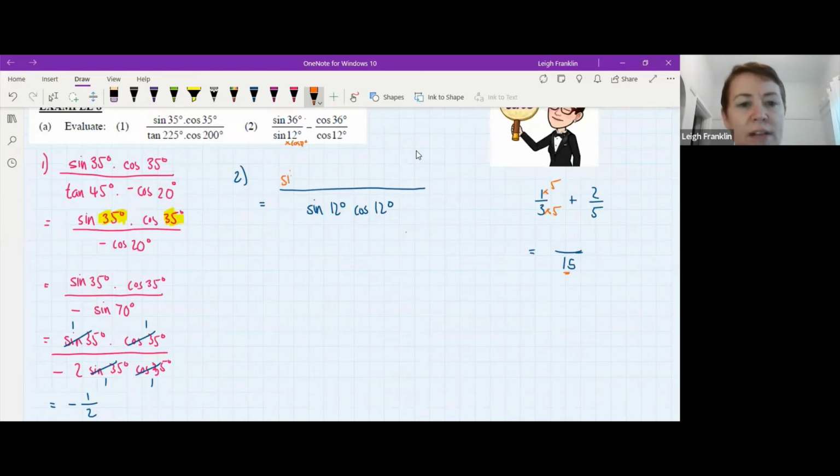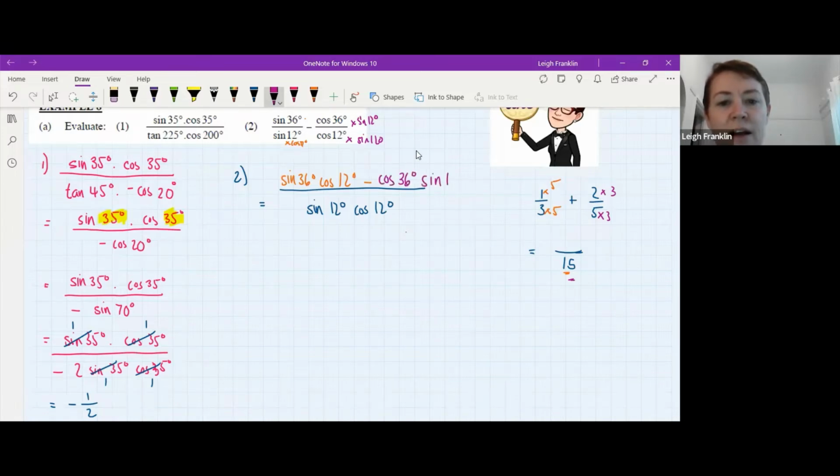So I end up with sine 36 cos 12 minus. Then similarly over here, I've got to times that by 3 to get 15, so I must times that by 3 as well. Here I times that by sine 12, so I've got to multiply the top by sine 12 as well. And that's why I end up with cos 36 sine 12 as my second term in the numerator.